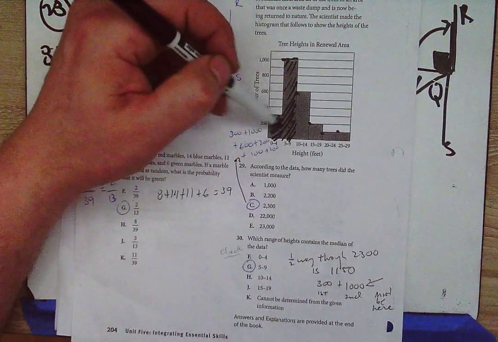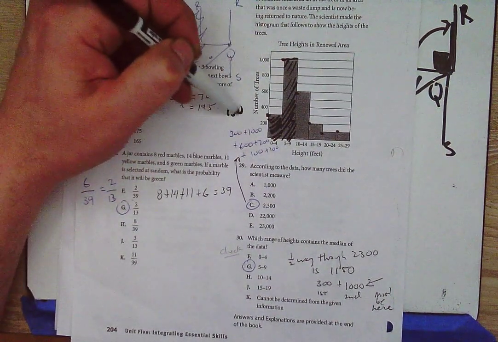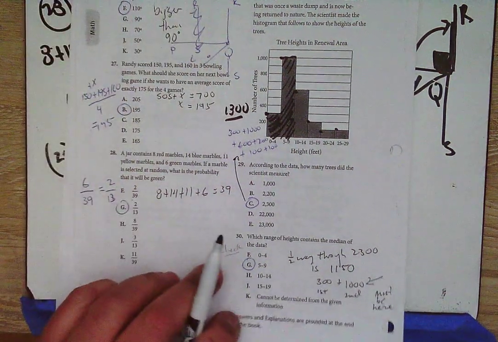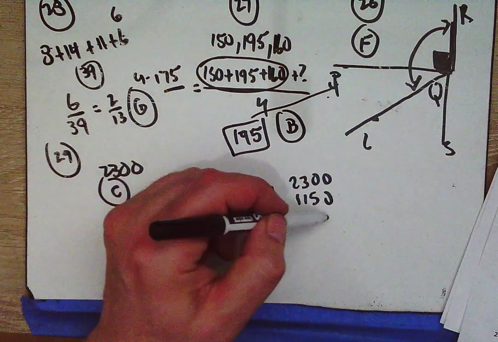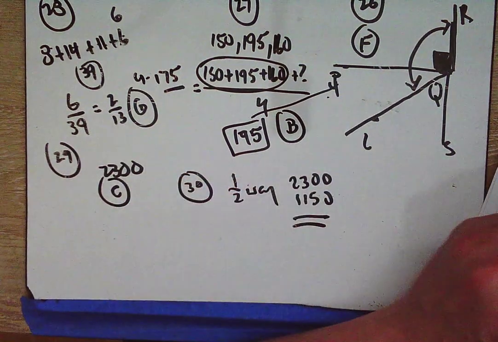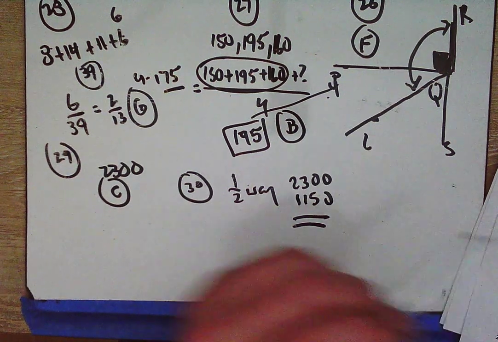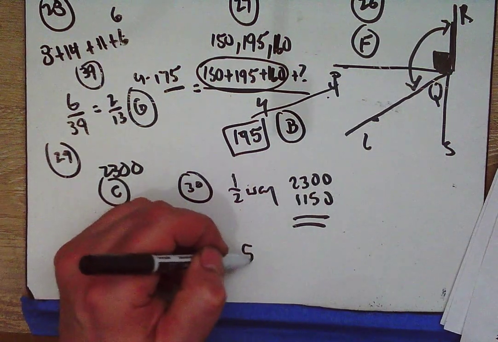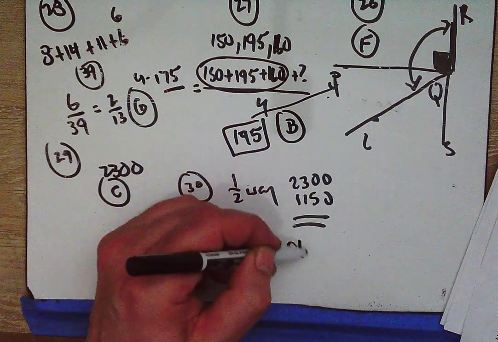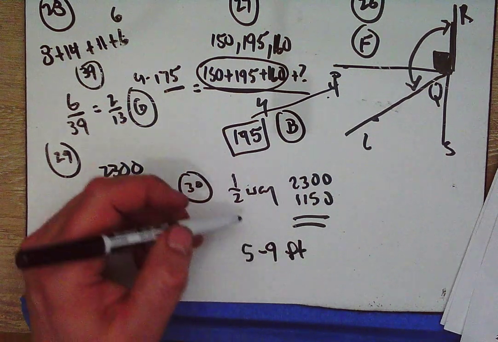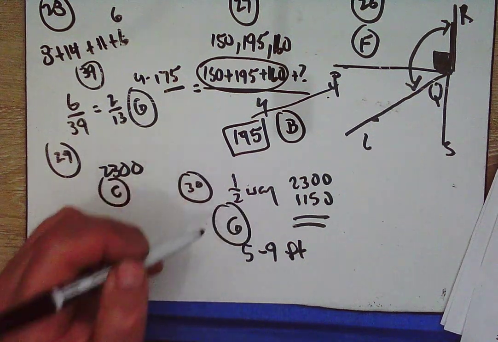So between these first two sections, we've used up 1,300 trees. Well, we're past already the median of 1150. We passed that somewhere during this height range of 5 to 9 feet. So 5 to 9 feet is going to be my answer to number 30, and that corresponds with choice G.